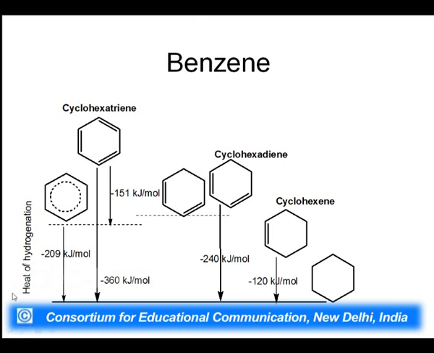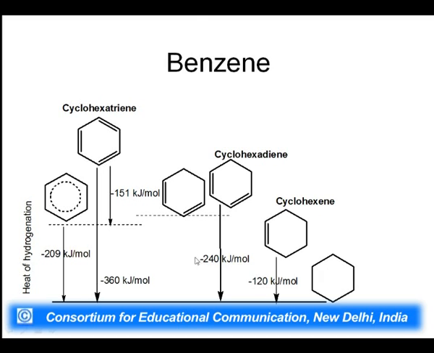So you can see the heat of hydrogenation, a similar kind of structure I have placed. 120 kilojoule per mole is again 120 kilojoule per mole, but for this 240 kilojoule per mole, because a 1,3-butadiene type of structure undergoes conjugation and has resonance, this cyclohexadiene has stabilized a little bit.